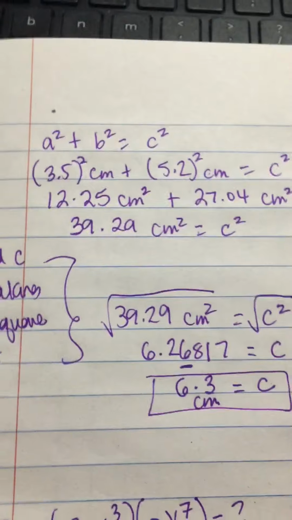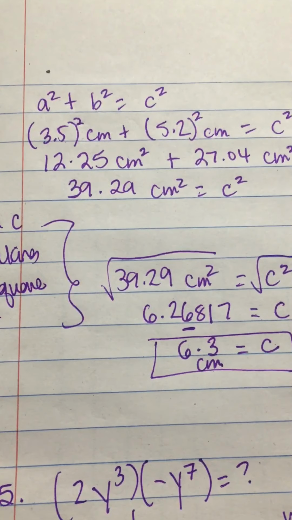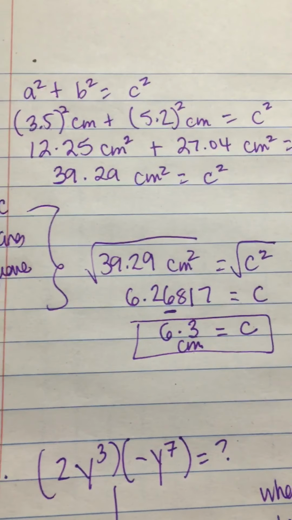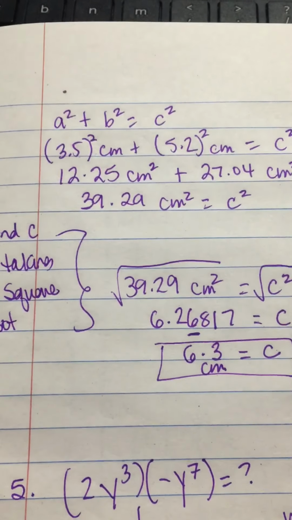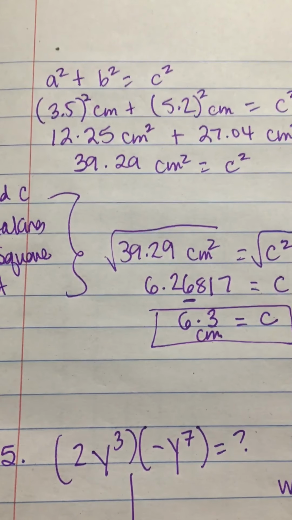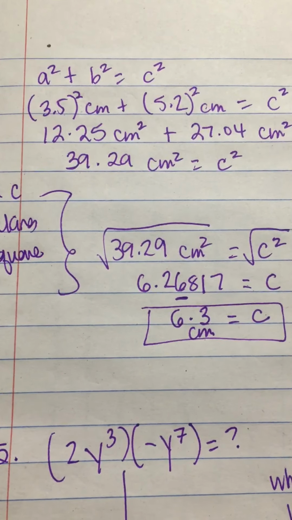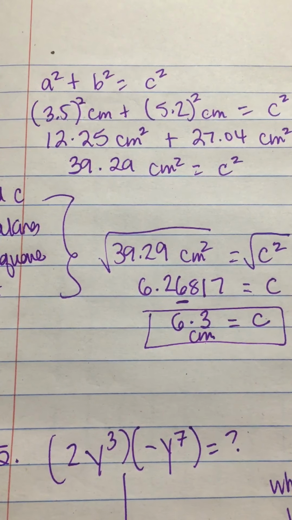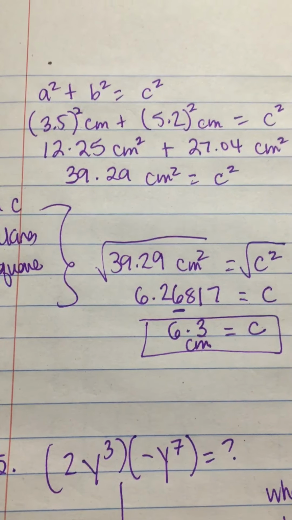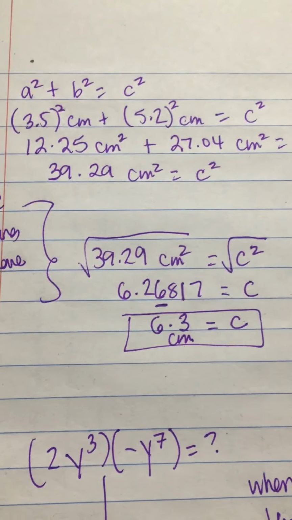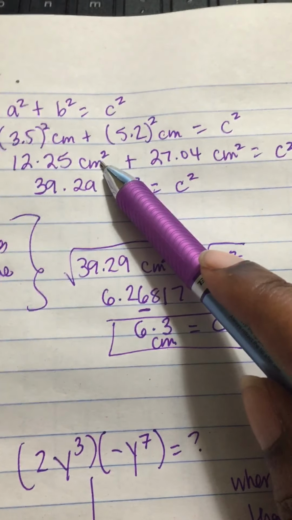So once again, I have my equation. I'm going to fill in what I know. Side A is 3.5. Side B is 2.5, and we need to find C. So I'm plugging in everything, and don't forget that you have to square A. You have to square B. So when you square 3.5 centimeters, you will get the answer 12.25 centimeters squared.